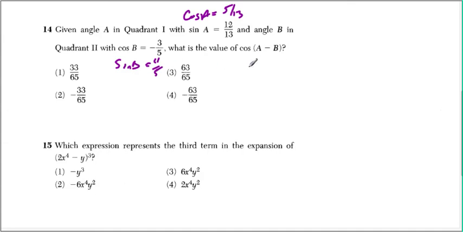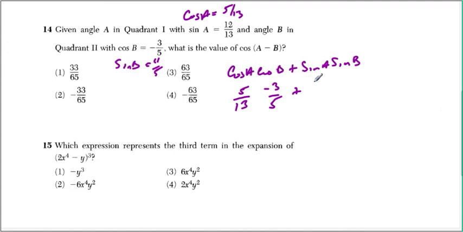Our formula, we have cosine A, cosine B, plus opposite sign, sine A, sine B. Cosine A was this, so 5/13. Cosine B is negative 3/5. Plus sine A is 12/13. Sine B is 4/5. Let's pause again.